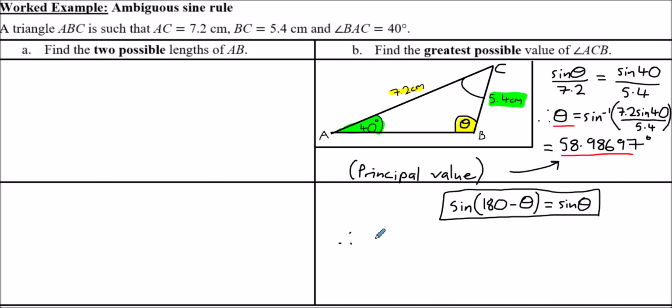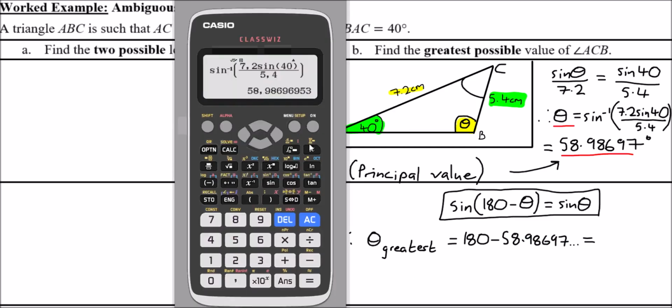So therefore, the greatest possible value of theta is 180 minus this 58.98697 blah blah blah. So I'm just going to do 180 minus this on the calculator. We get 121.0130. That'll be accurate enough.